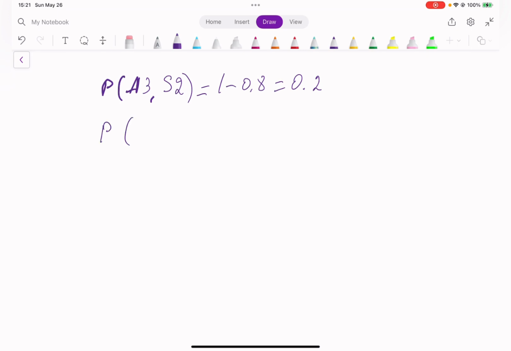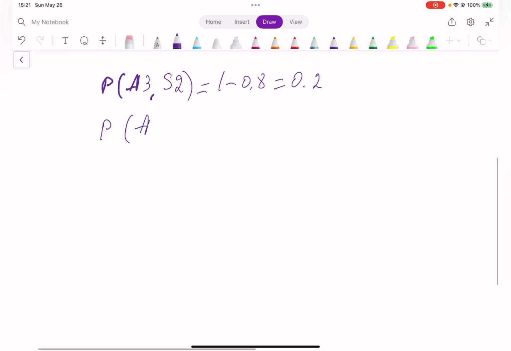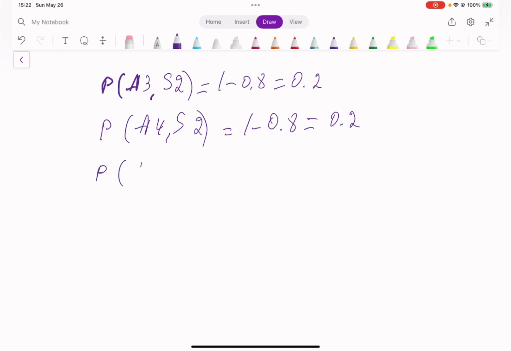Next, probability A4. I'm writing down the same path that I just read for you, showing on the picture. And S2, it's going to be 1 minus 0.8. Since S1 is 0.8, 1 minus 0.8 is 0.2. And probability for A5, S1, I'm sorry, it's going to be equal 1 minus 0.2 equals 0.8.